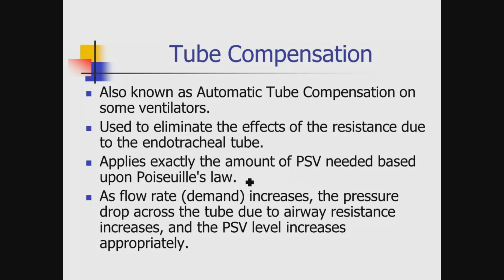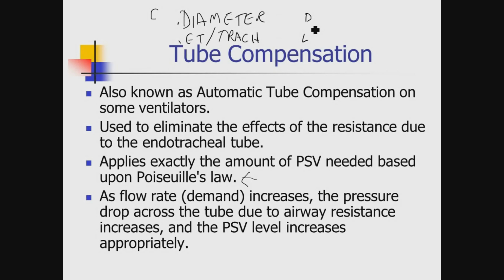The ventilator, using our friend Poiseuille's law, says what I need to tell the ventilator is what size endotracheal tube, or what's the inner diameter of the tube, and I'm going to tell it if it's an ET or a trach. So I know length and I know diameter.